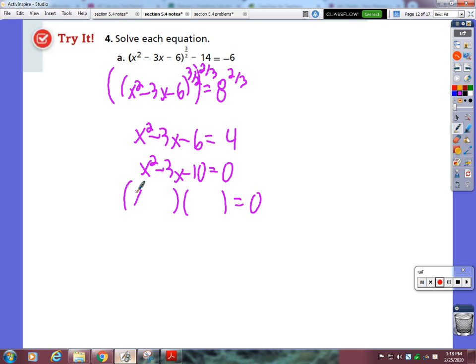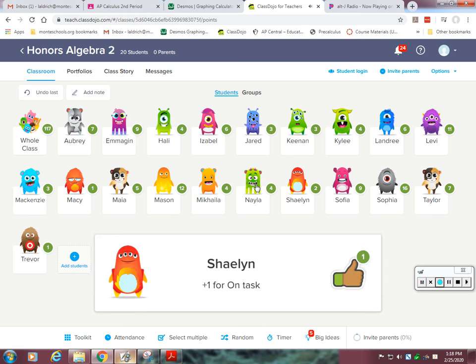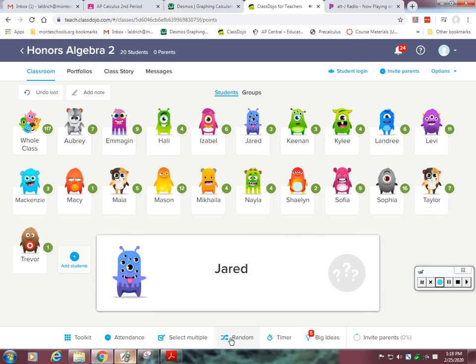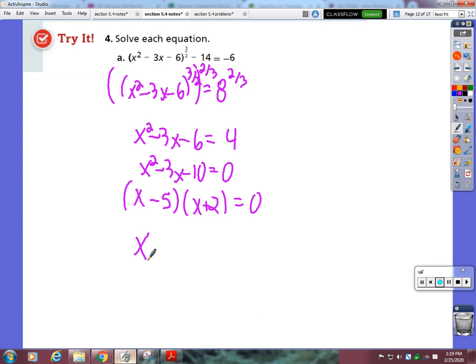One of them is going to be a negative, and one's going to be a positive. The bigger one has to be negative. Negative 5 and 2. Okay. And then, Trevor, what are my two answers?